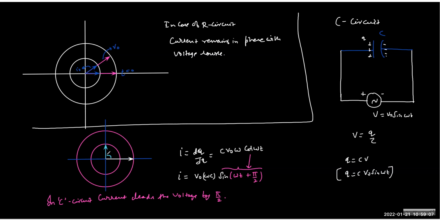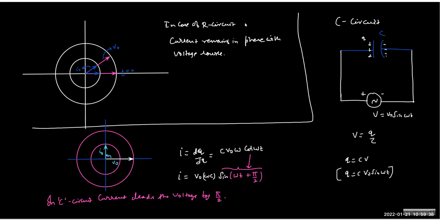This is your current I naught, this is your voltage, let's say V naught. Okay. And after some time, when the voltage arrow turns by theta, I naught will also turn by theta. So the phase angle will change, but the phase difference will never change.